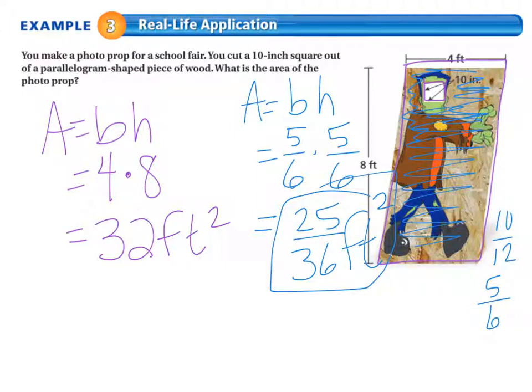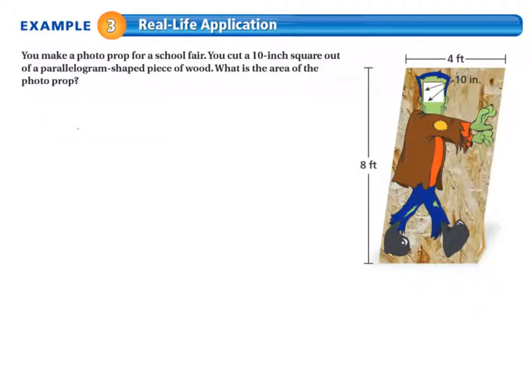I want everything except what I just calculated. So if I want everything except what I calculated, well then I take this 32 feet and I'm going to subtract 25/36 of a foot. To do that, I'm just going to give myself a little bit of space, because I need to do some borrowing here.